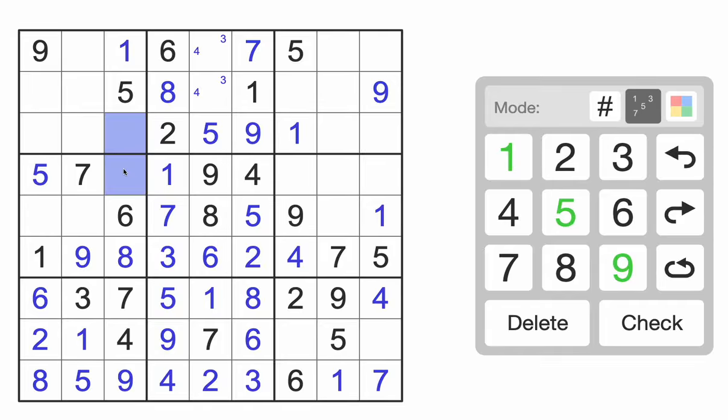And now these are 2 and 3. 2's here, so this is 3, this is 2. These are 3 and 4. 3 gives me 4 and 3.